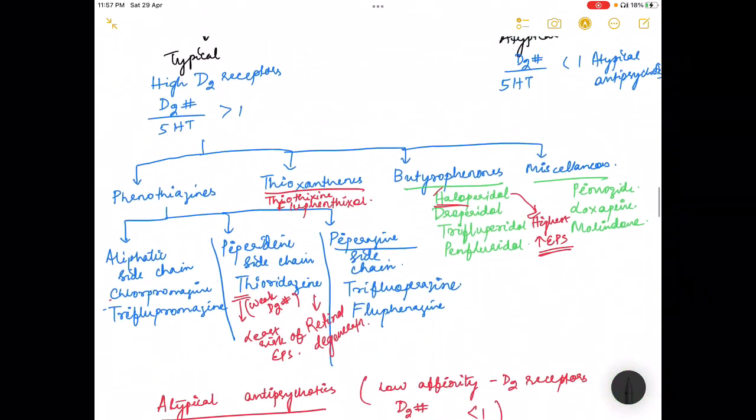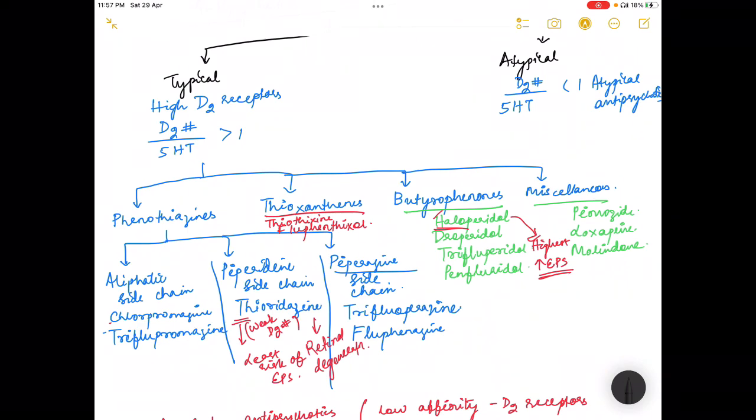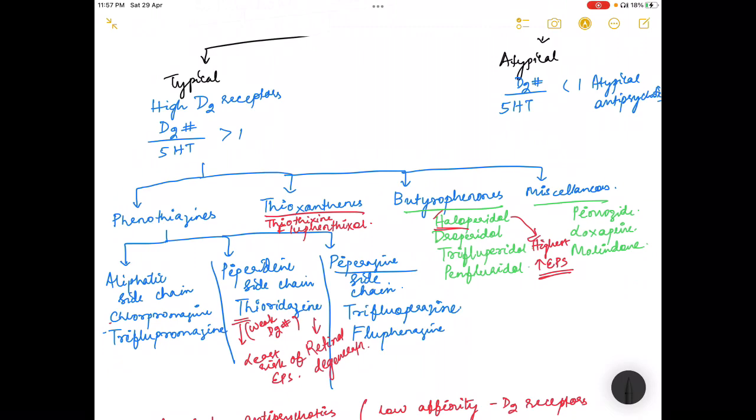In the classification, typical antipsychotic drugs have a D2 blocking action more than 5-HT2 blocking action, and atypicals have a D2 blocking action which is less than 5-HT blocking action. D2 blockade divided by 5-HT blockade is less than 1 in case of atypical, and greater than 1 for typical drugs.